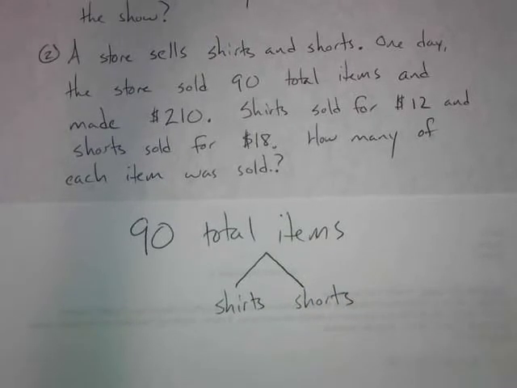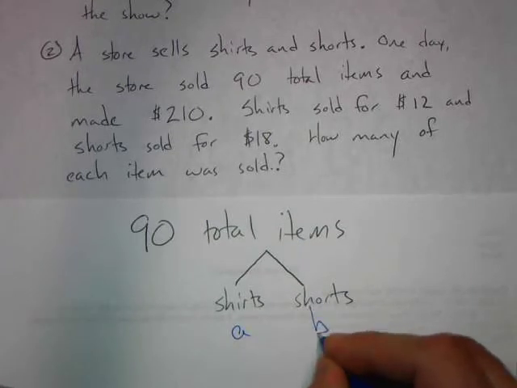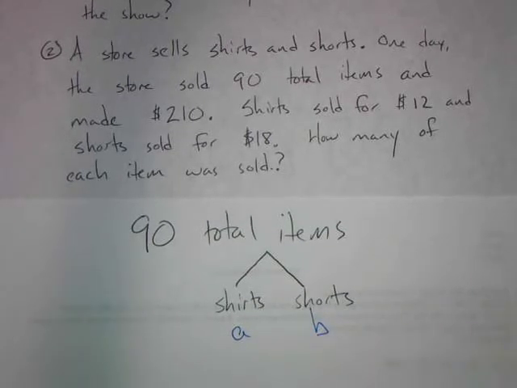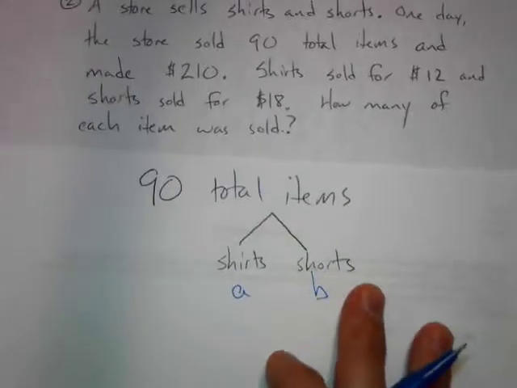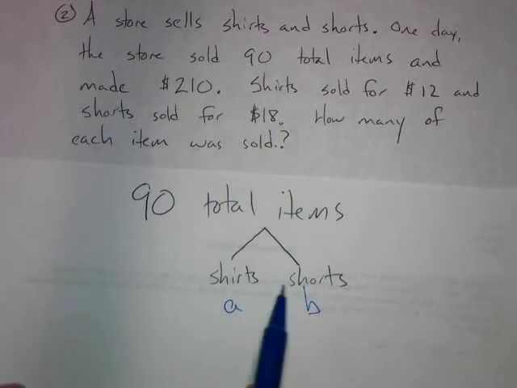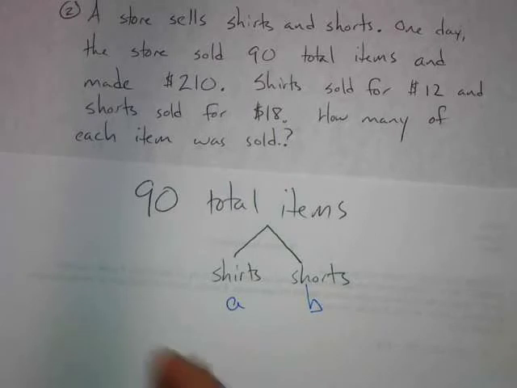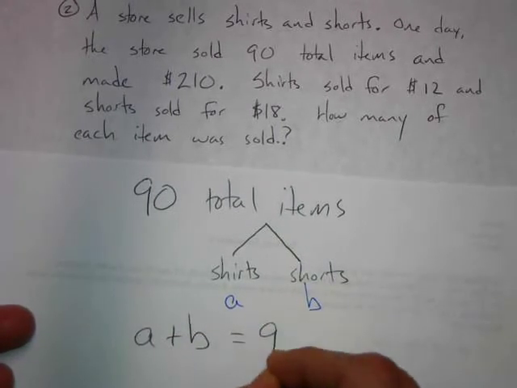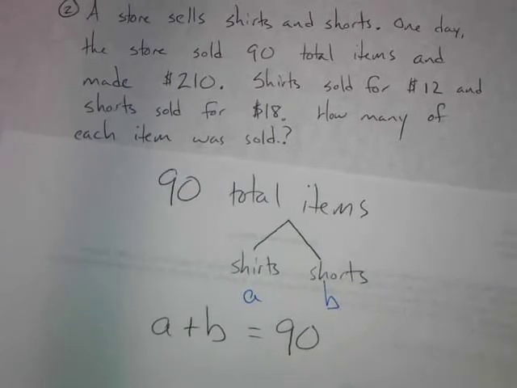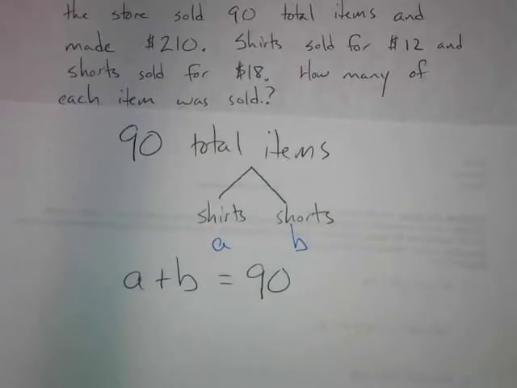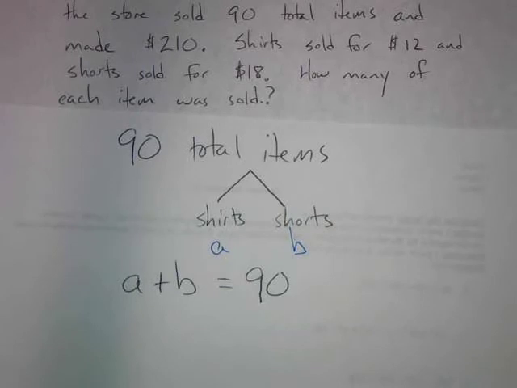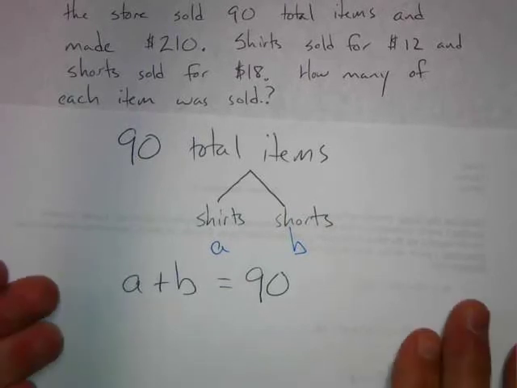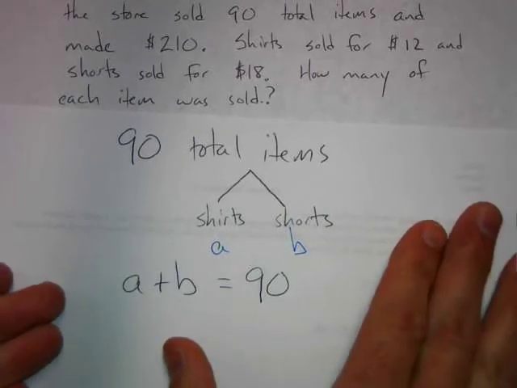All we have to do now is assign a variable to them. Since I used x and y before, let me this time use a and b. I can call the shirts A, the shorts B, and since there are 90 total items, that means I have A plus B equaling 90. So we have a two-variable equation. Now if we have two variables, we should have two equations. So let's go back to the word problem.